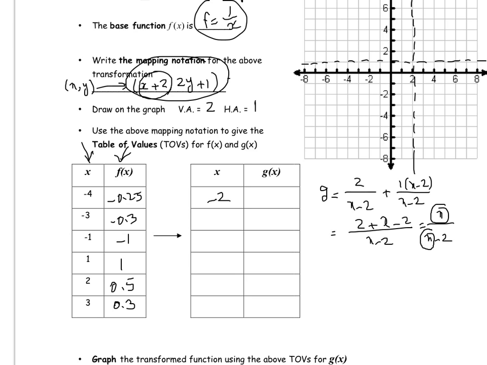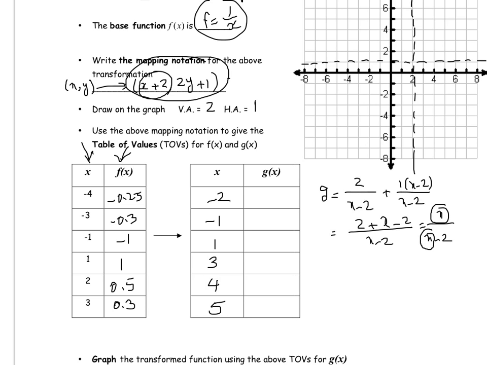If x is negative 3, plus 2 gives me negative 1. If x is negative 1, plus 2 gives me 1. If x is 1, plus 2 gives me 3. If x is 2, plus 2 gives me 4. If x is 3, plus 2 gives me 5. So these are the x values of the transformed function.